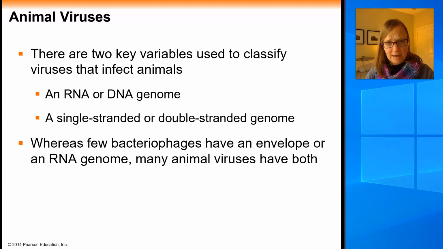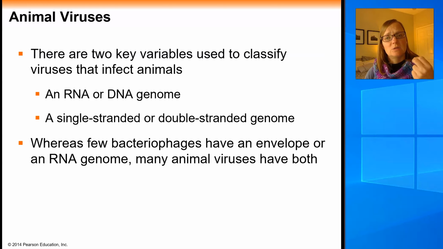On top of that, animal viruses also frequently tend to have viral envelopes. And this is going to help with infection of the host cells. Think about it this way. Not many other viruses that infect different kinds of cells, so for example, not bacteriophages and not plant viruses, neither of those will have viral envelopes.